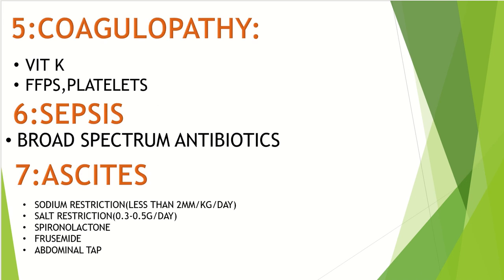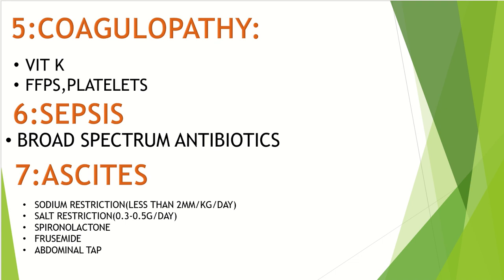Fifth one, for coagulopathy, we have to give the baby vitamin K, FFPs, and platelets. For sepsis, we have to start broad-spectrum antibiotics. For ascites, we have to restrict sodium in the baby. We have to counsel them to restrict sodium intake, which should be less than 2 mg per kg per day. Salt restriction should be 0.3 to 0.5 gram per day.